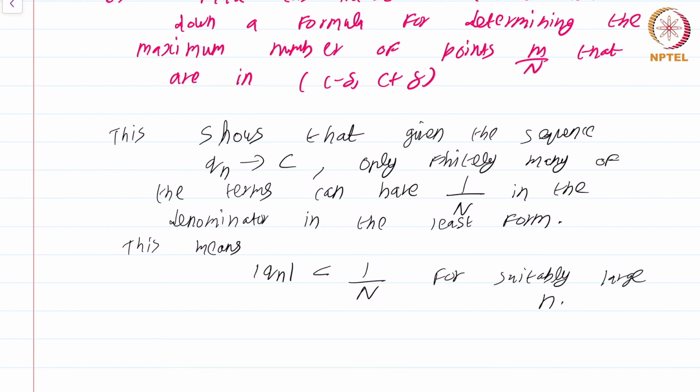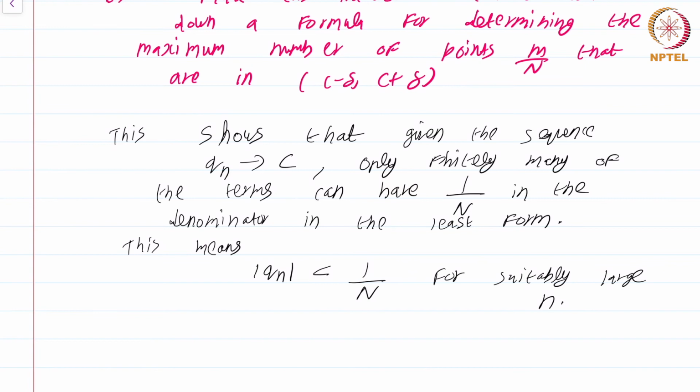You just look at 1 half, 1 by 3, 1 by n. There are only finitely many rational numbers which have 1, 2, 3, 4, up to capital N in the denominator. If you choose a small enough neighborhood around this point C, then none of those rational numbers can be in this small enough neighborhood.